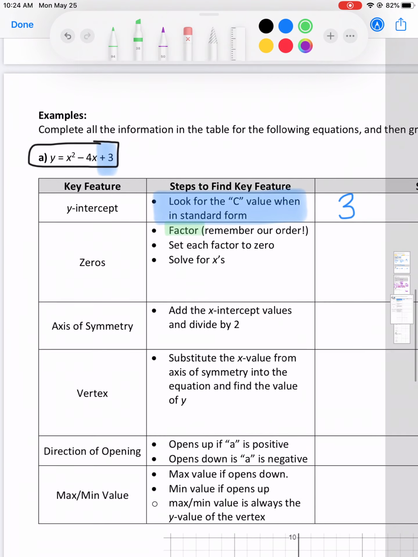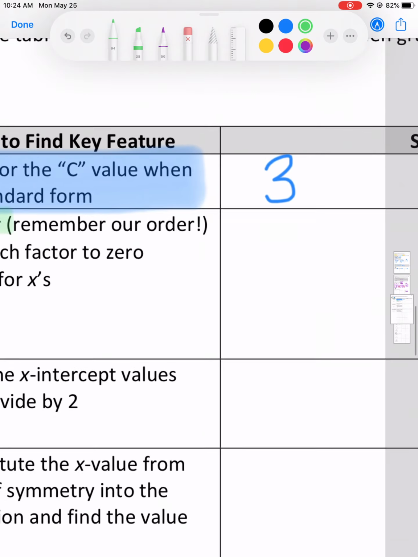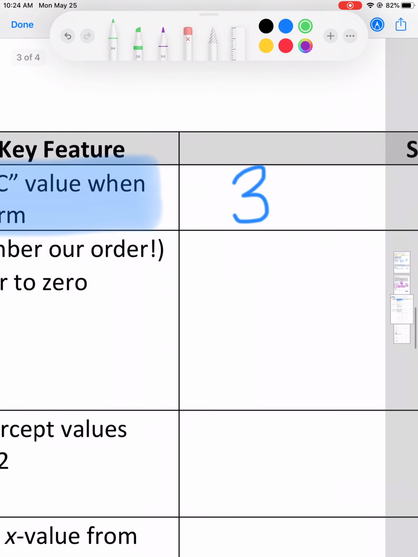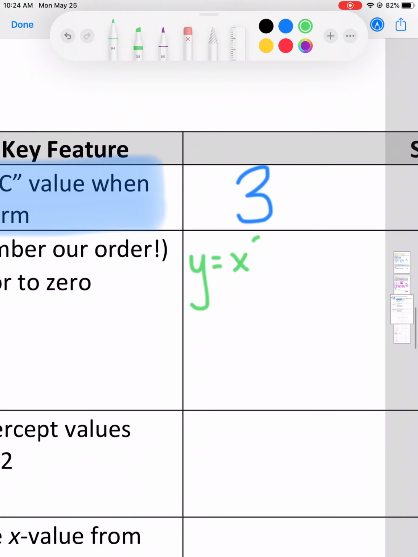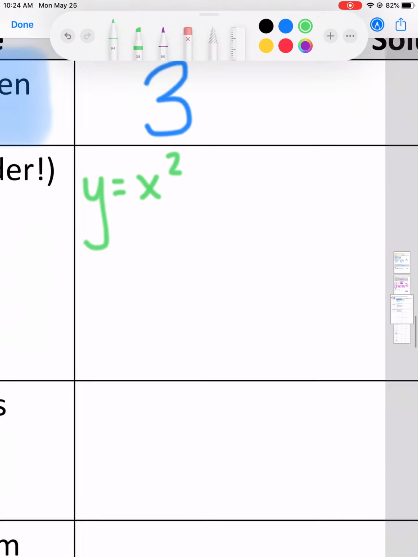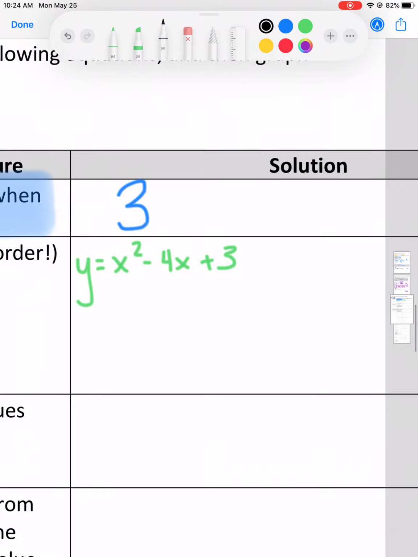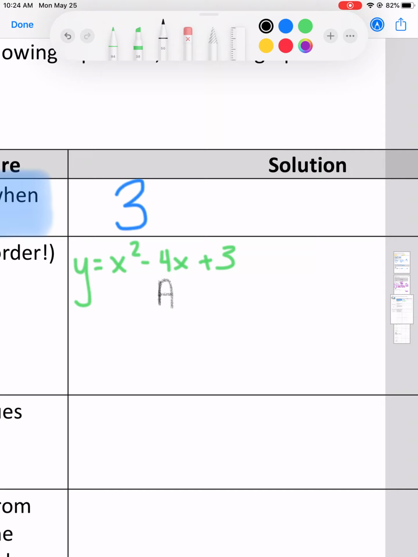So we just did this. So that means we're gonna factor this equation that we just did. So we have y is equal to x squared minus 4x plus 3. So remember, two things that add to this but multiply to this.